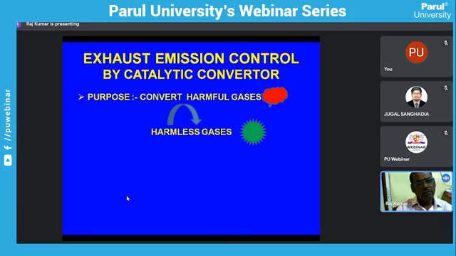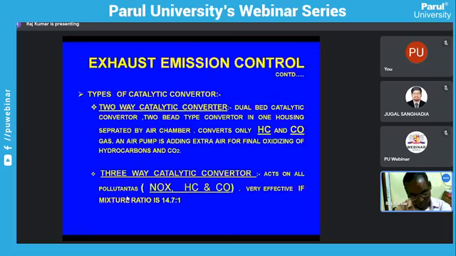Now comes the important part, that is the catalytic converter. Now we have devices which convert our hydrocarbon, carbon monoxide and nitrous oxide into less harmful chemical compounds.